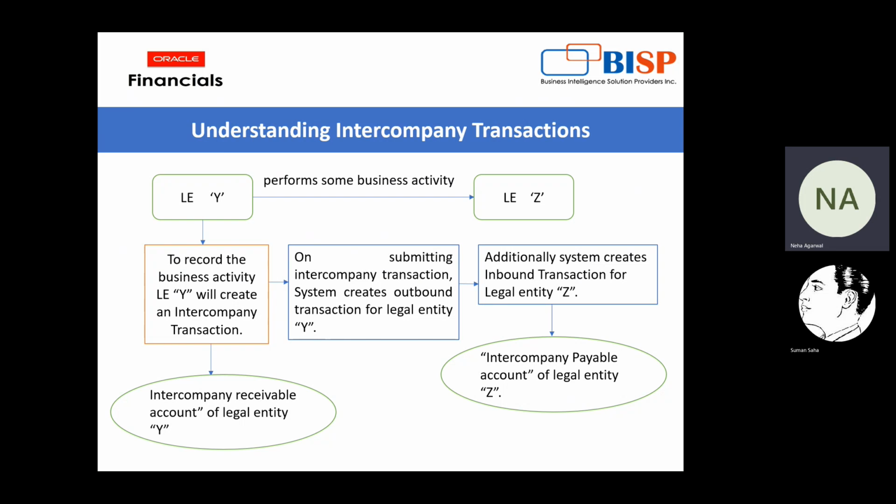It is also important to understand how each intercompany transaction impacts the income statement and the balance sheet of the companies involved in the period of the intercompany transaction as well as the subsequent periods.